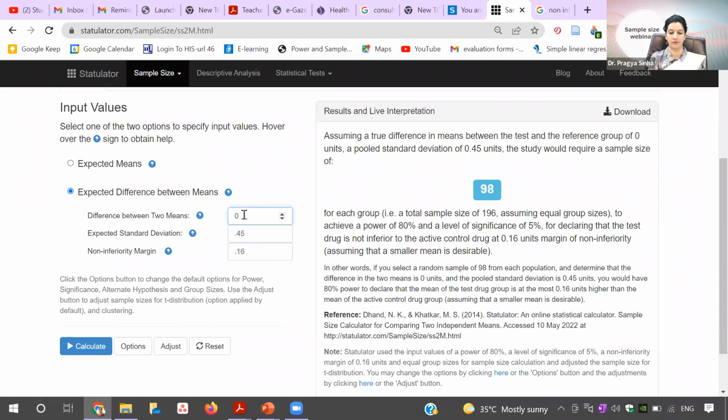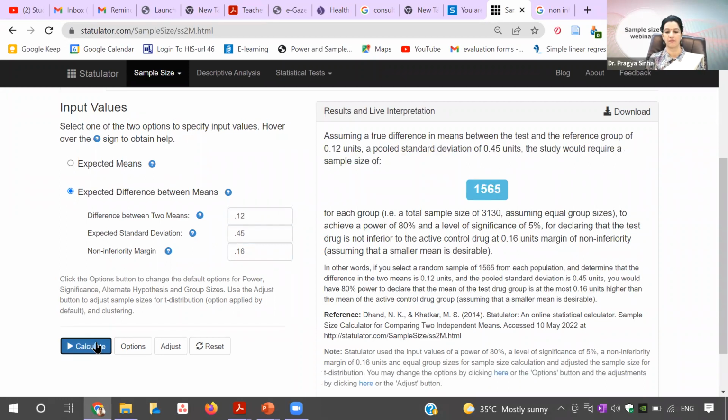And if you have this 0.12, you can see the sample size is increasing to 1565. If you keep this to 0.04 and then calculate, then the lesser the difference, the lesser the sample size.